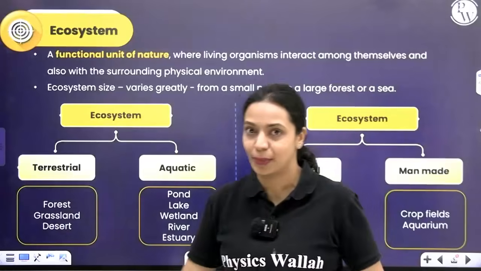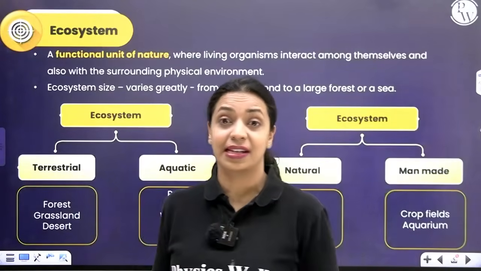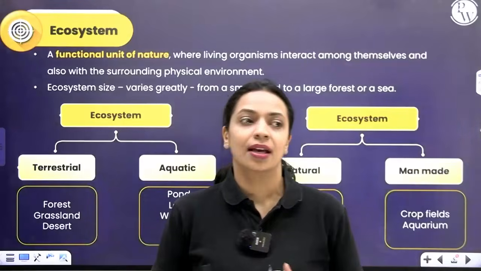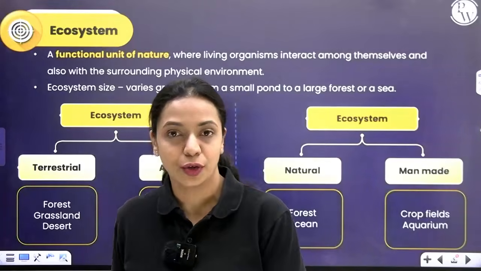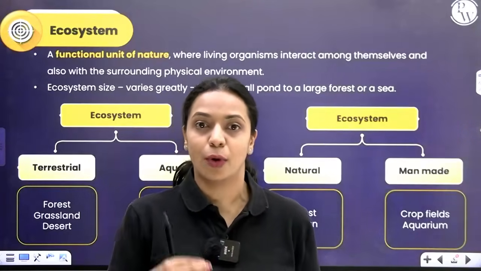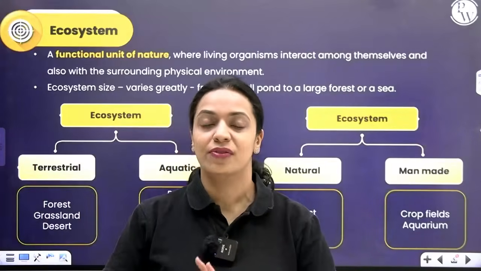The name of the chapter itself is ecosystem. And I've told you what ecosystem is in our previous lecture itself. In organisms and populations, we did discuss the various levels of biological organization. We started off with macromolecules, then we spoke about cells, tissues, organs, organism, population, community, ecosystem, then biomes, biosphere, all of that.